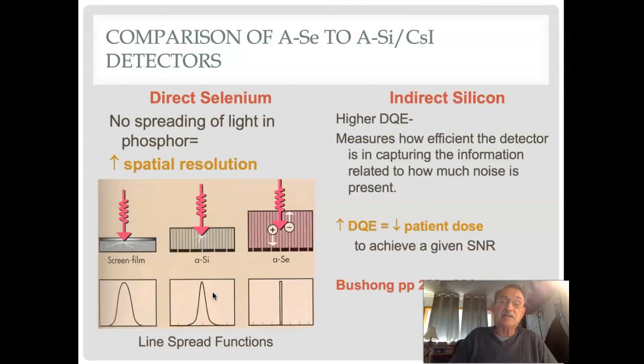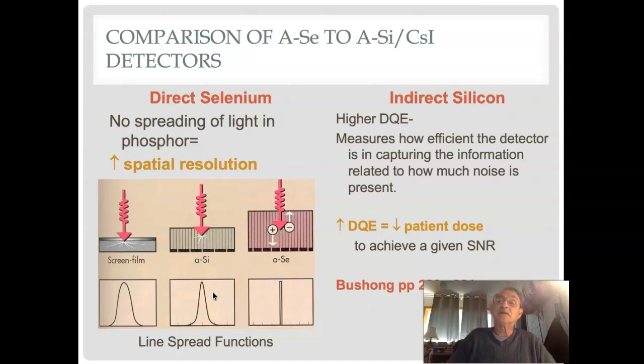The amorphous silicon is an indirect process. It has pretty high detective quantum efficiency. And as you remember, DQE is a measure of how efficiently the detector is in capturing the information related to how much noise is present.